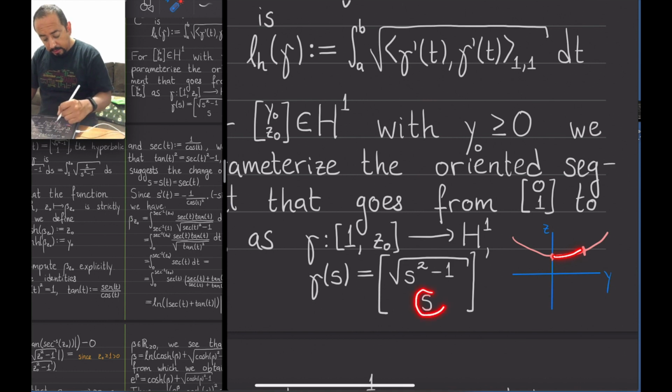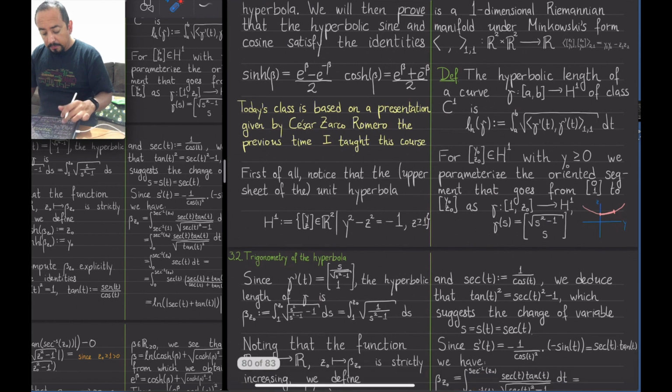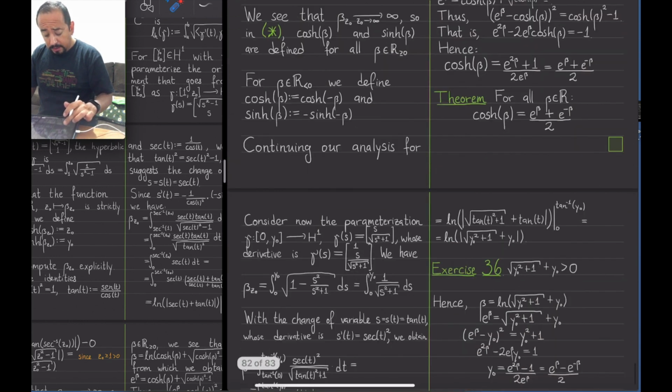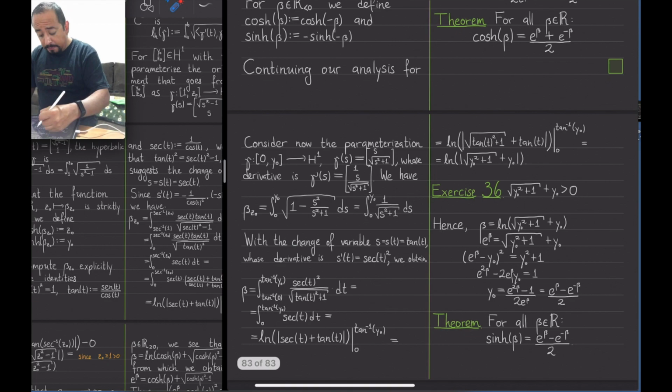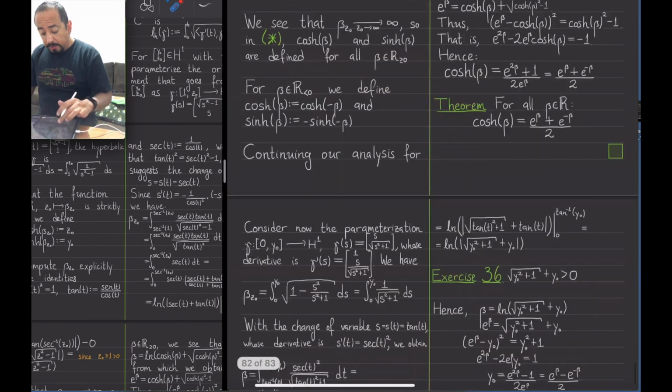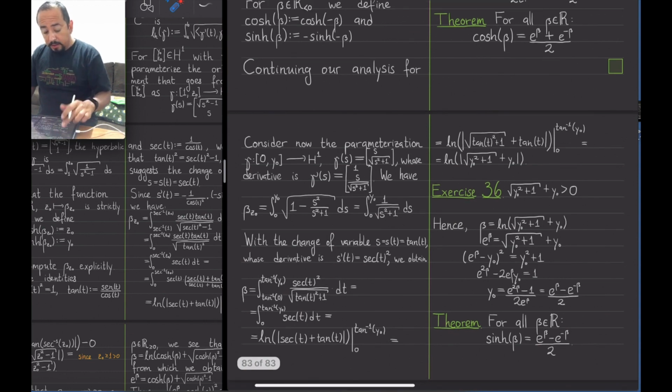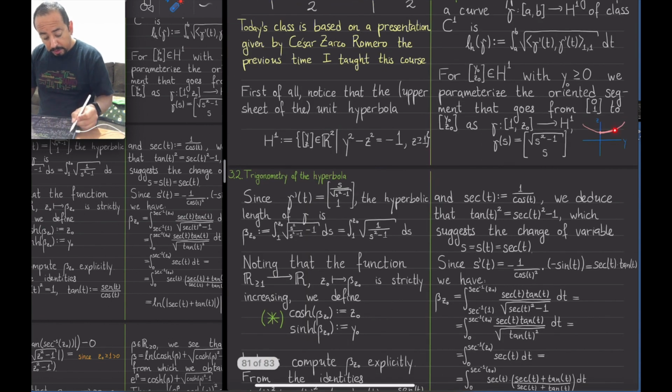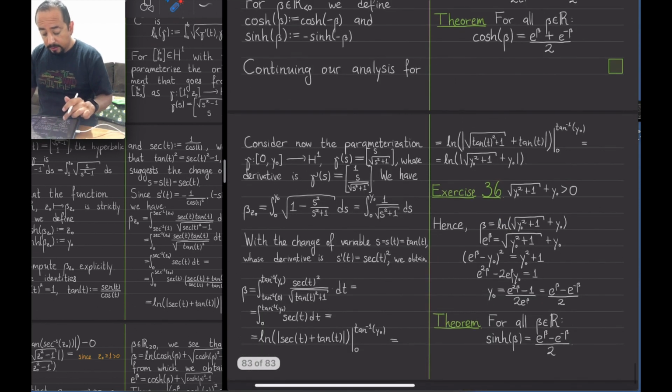The other parametrization of the same curve could be by letting the first coordinate be the parameter and then writing the second coordinate in terms of the first one. So let's do that. It's the parametrization of the very same segment that joins 0, 1 to my point y0, z0.